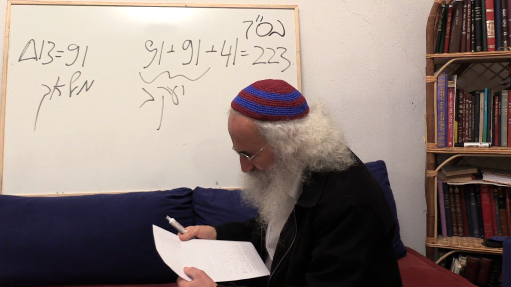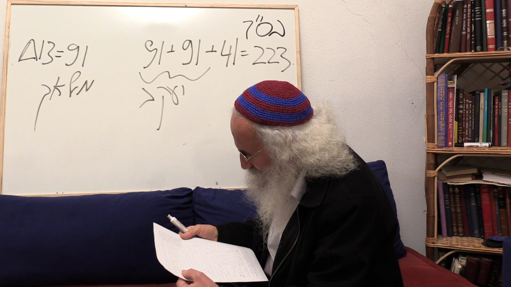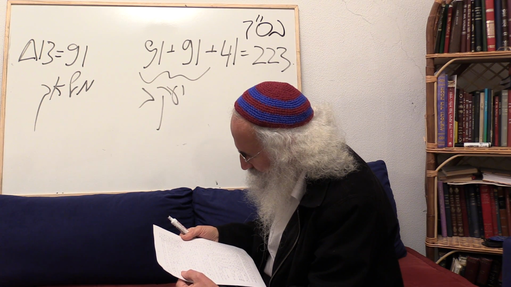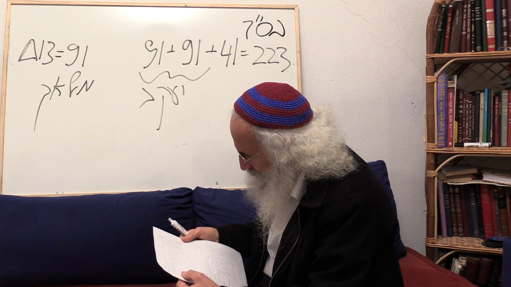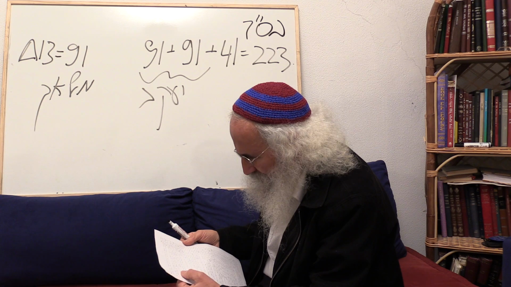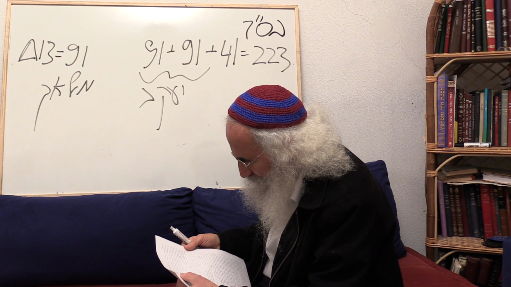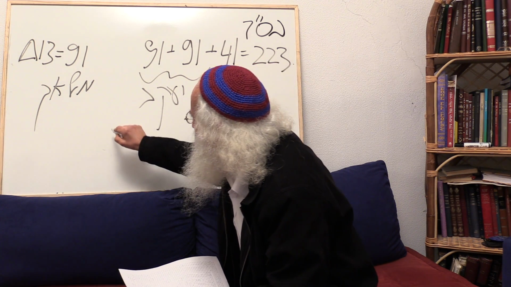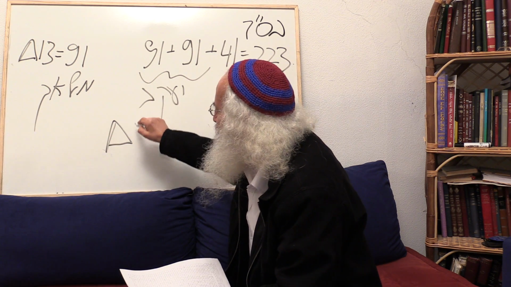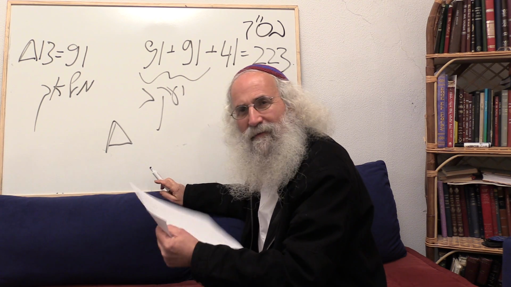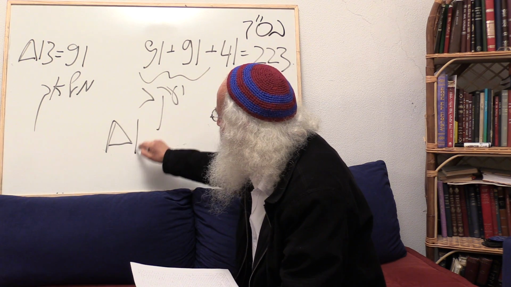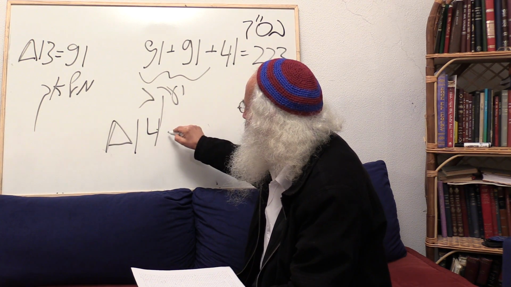Okay, so after David, we have Shlomo. Now we will have 2 triangles of 14. It means 2 triangles of David. It's like he received twice from his father. 2 triangles of David of 14.